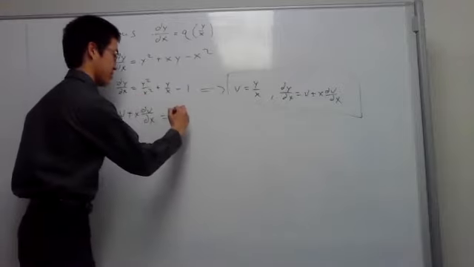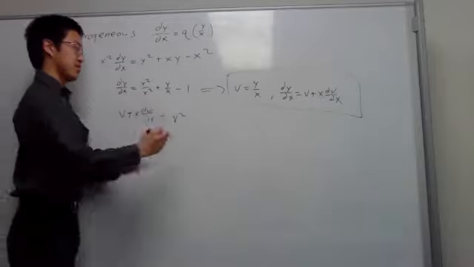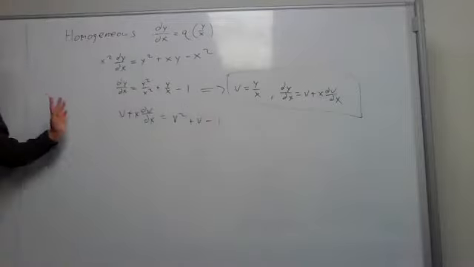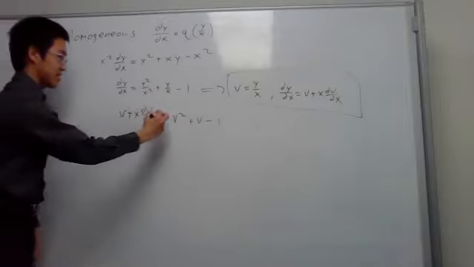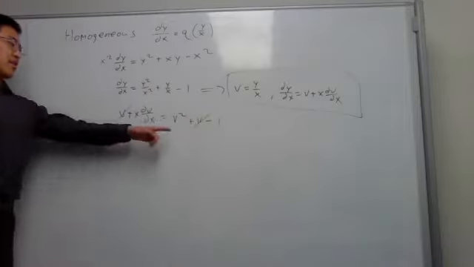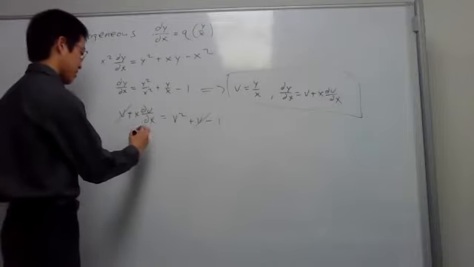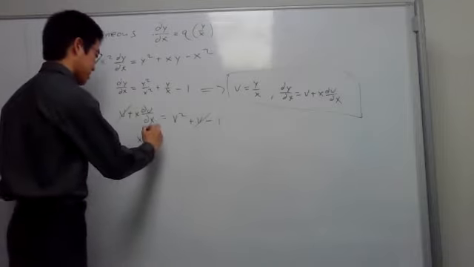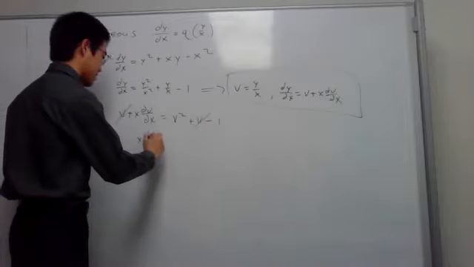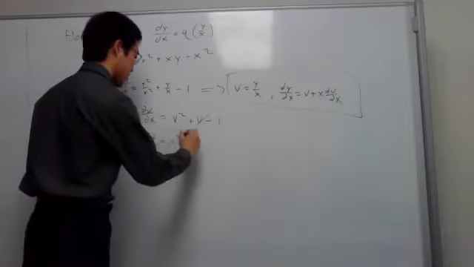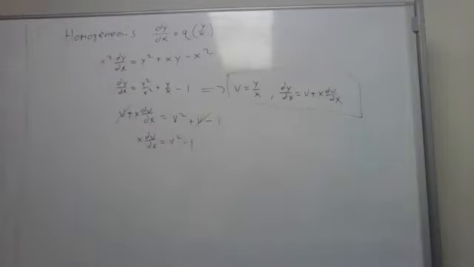It's just v squared. And then plus v minus 1. And in this case, it conveniently happens that we can get rid of the v on both sides. So what we're really left with is x dv/dx is equal to v squared minus 1.